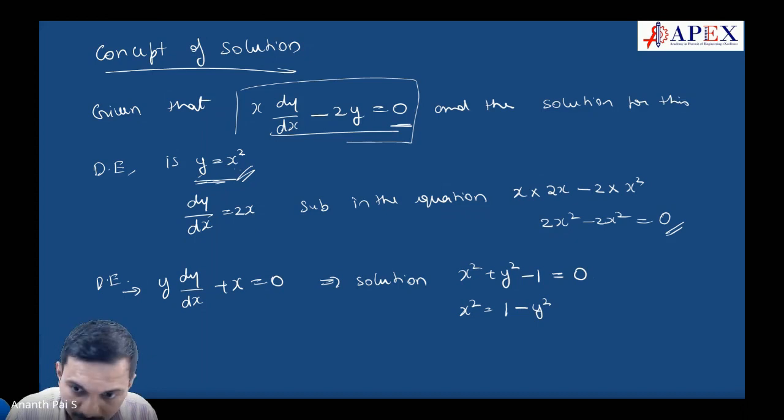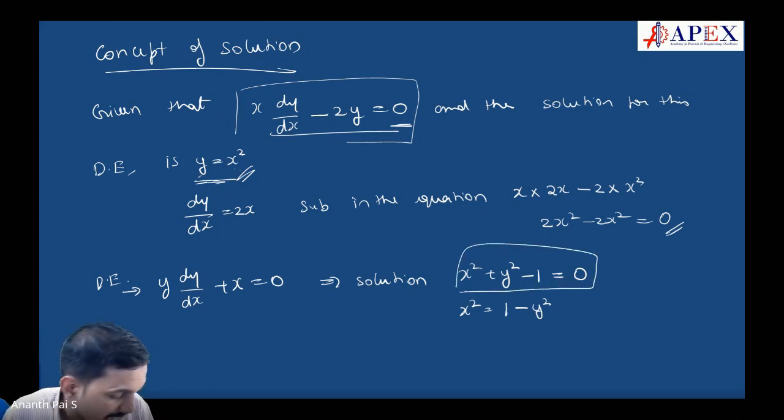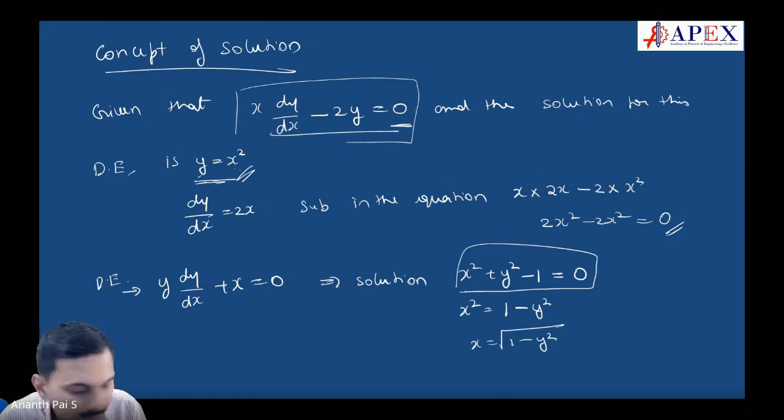Now here, you see, both variables are inside the equation. It is not one here and the other there, but both sides of the equation. Now the same thing I can do: x is equal to square root of 1 minus y square, or y is equal to square root of 1 minus x square. These are implicit.